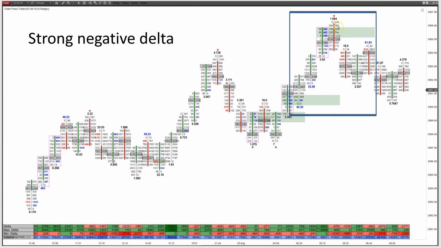So what's happened? You hit your high. After you hit your high, the next four bars are negative delta, except for one, which is positive. But next bar, negative delta, and you start selling off from 2902, 2903. I should have put the other chart on here, but it started selling off below 2900.